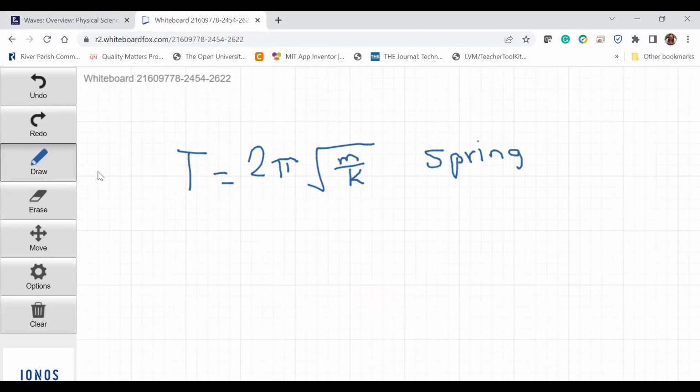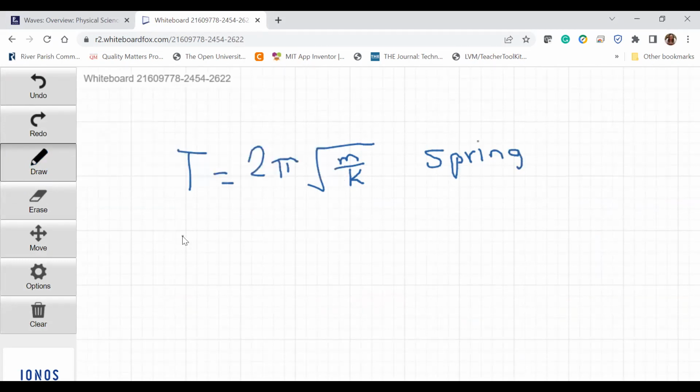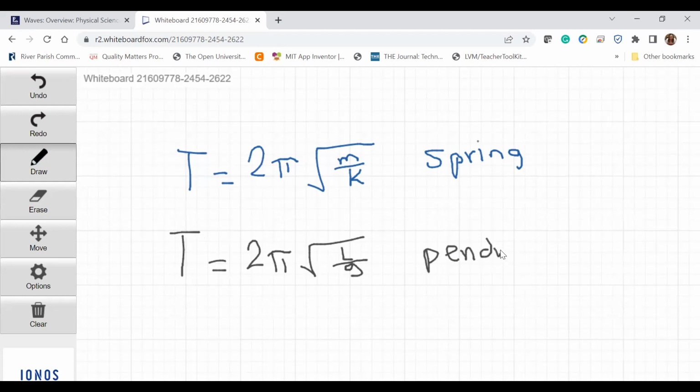And then T equals 2 pi square root of L over g. And this is for our pendulum. And you can see, just by looking at that, they look very similar.